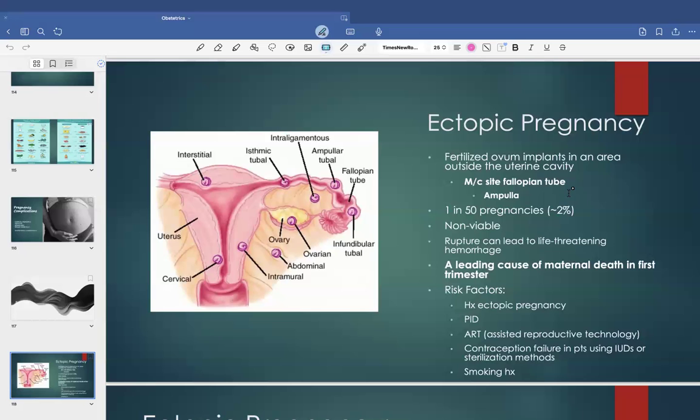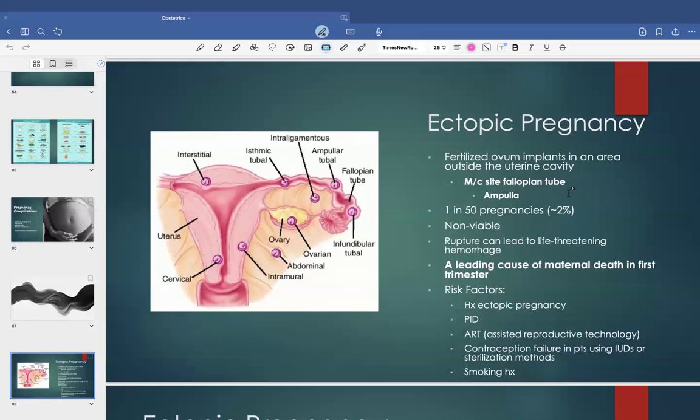In theory, anything that hampers or delays the migration of the fertilized egg can predispose a woman to ectopic gestation. Some risk factors are a history of ectopic pregnancy. Recurrence rates are about 30%, so if you've already had one, there's a 30% chance you'll have another. Pelvic inflammatory disease: anything that causes inflammation in the tube can put you at risk for a tubal pregnancy.